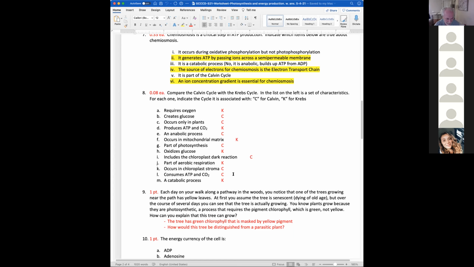It's used by the Calvin cycle. Oh wait, sorry. Is it from the photosynthesis that occurs before it? Yeah. And where does the carbon dioxide come from?